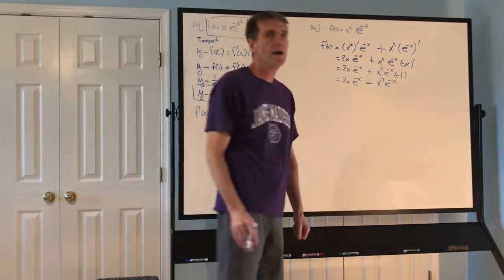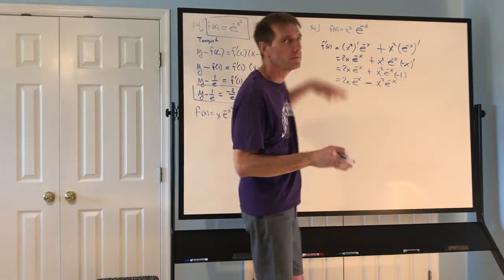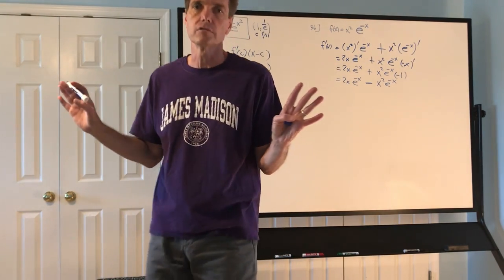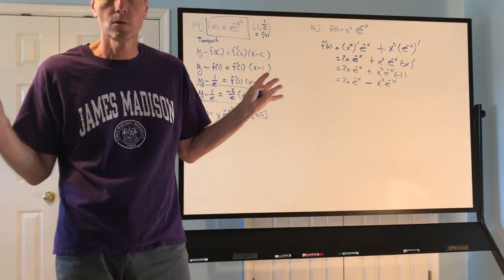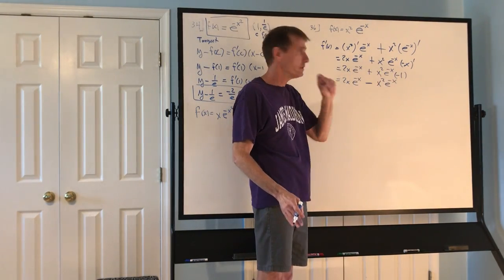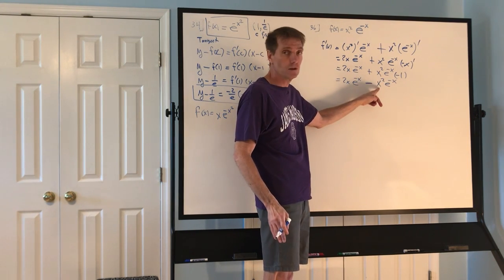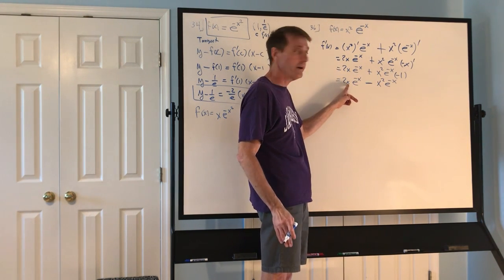And you're like, well, what do we do now, Dr. Warren? Well, what did we do with the other problems when we took the derivative and we're trying to find intervals of increase and decrease? We factored. Well, I can't factor this. Well, what's alike in both of these? And you're like, well, this dude's the same. This guy has 2 x's. This guy has 1 x.